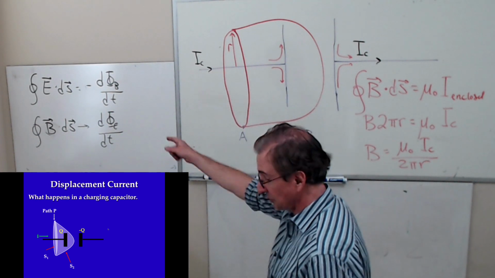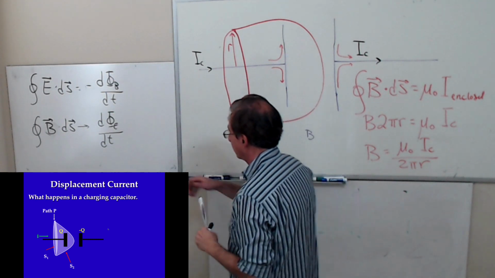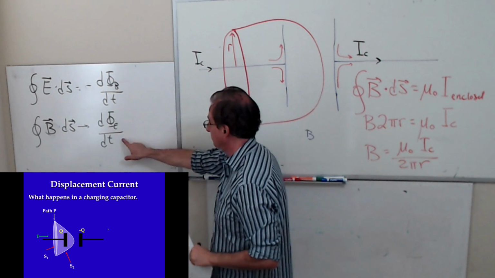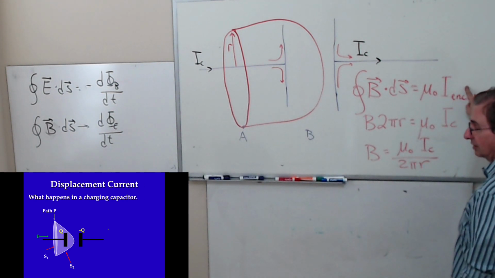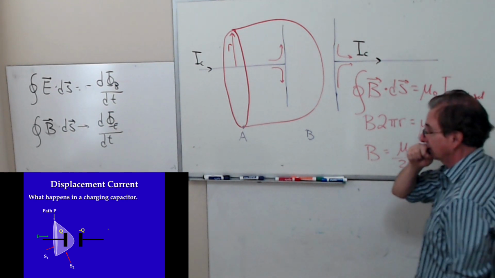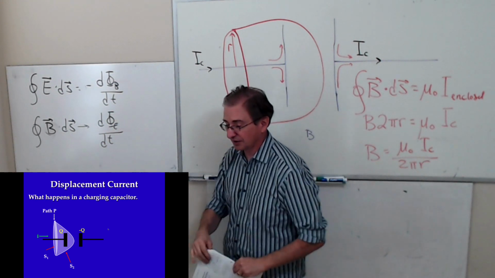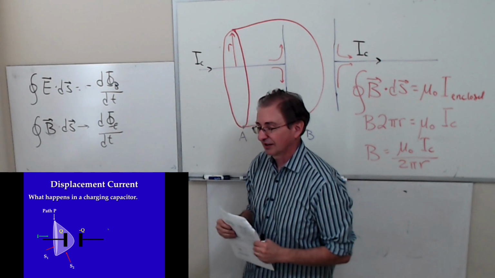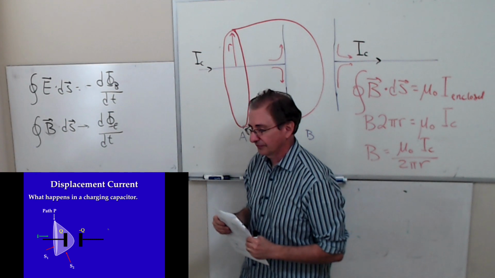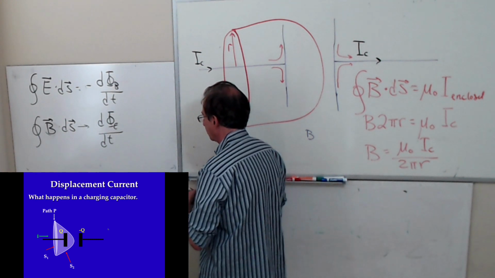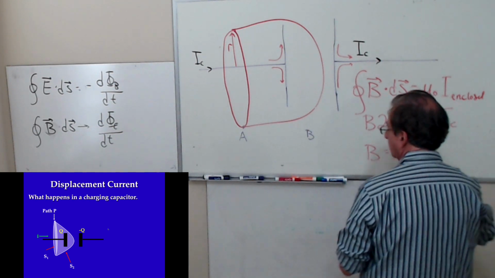This was the answer to the question. There's a term missing here that's related to the time rate of change of electric flux. And he said that the term that's missing looks like this.